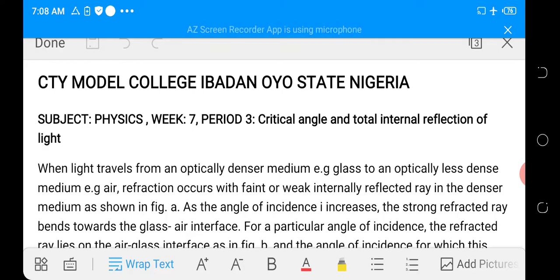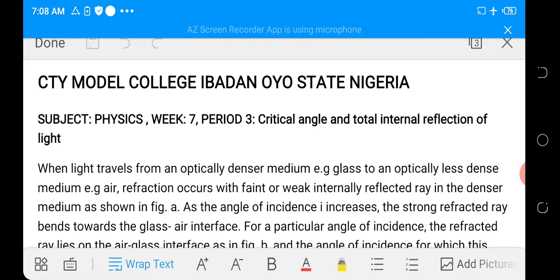Remember, the topic we've been studying is the refraction of light waves. So far, we have considered refraction of light through a rectangular glass block and through a triangular glass prism. We also looked at some effects of refraction, where you are given the various formulae for finding refractive index.